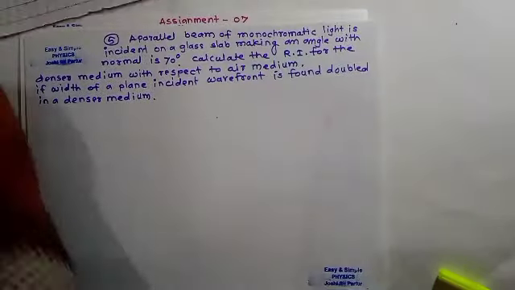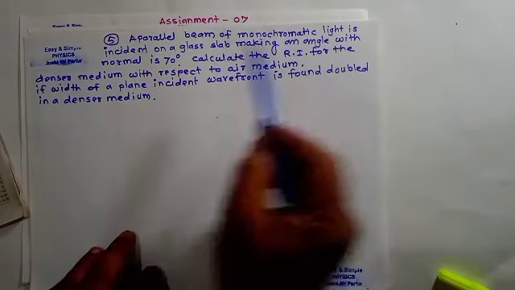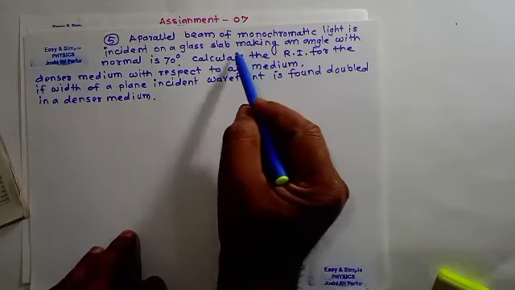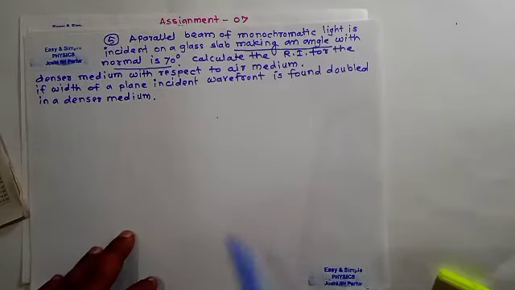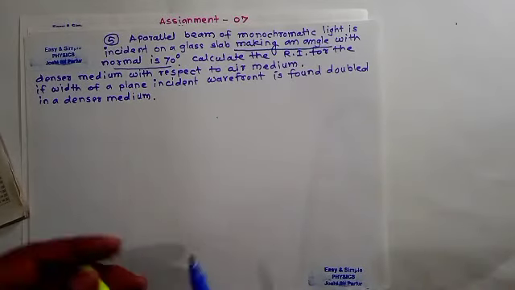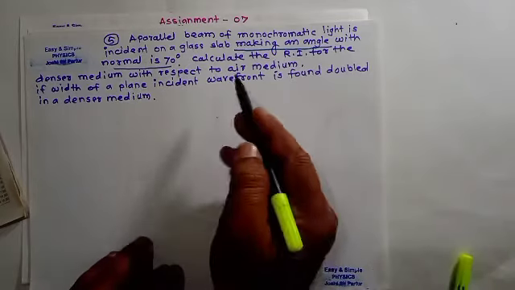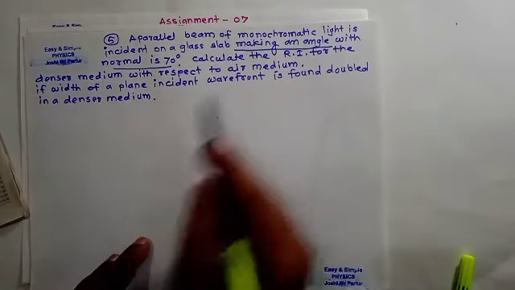Here again we can find out: a parallel beam of monochromatic light is incident on a glass slab, making an angle with the normal. See here, if it makes an angle with the normal, that is the angle of incidence. Calculate the refractive index of the denser medium with respect to the air medium.